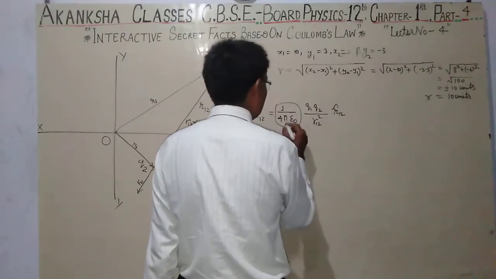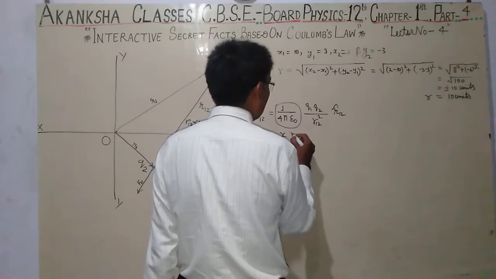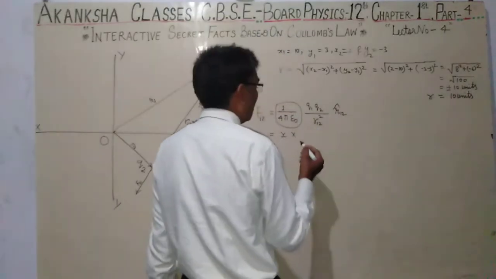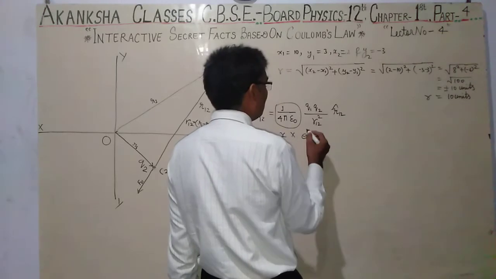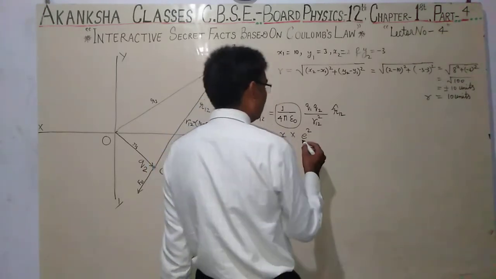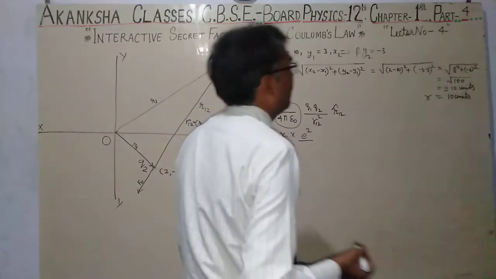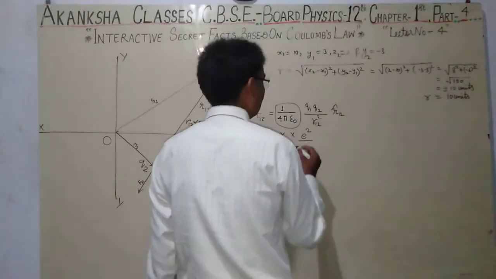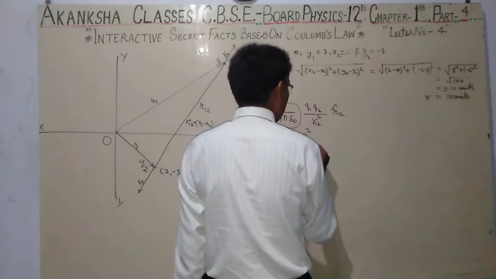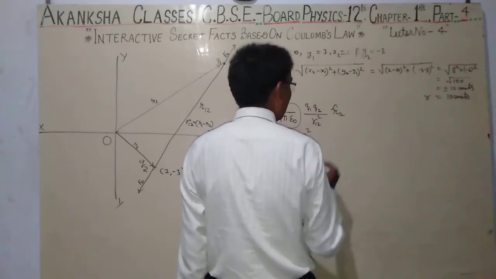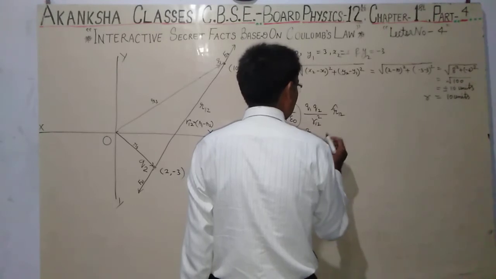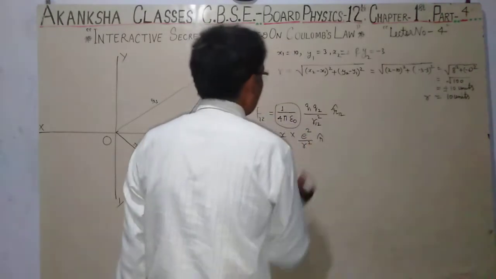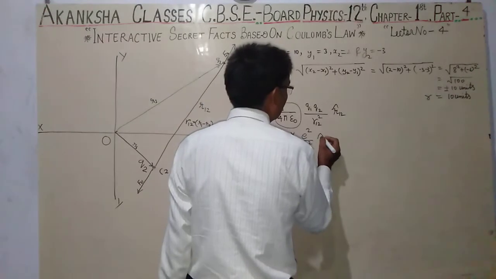You have to put in this value, suppose x, multiplied by, as both charges are the same, you may represent them by e square, and now you may use the value of separation as 10 units, but here we are still using R square R cap, where R cap is the unit vector.